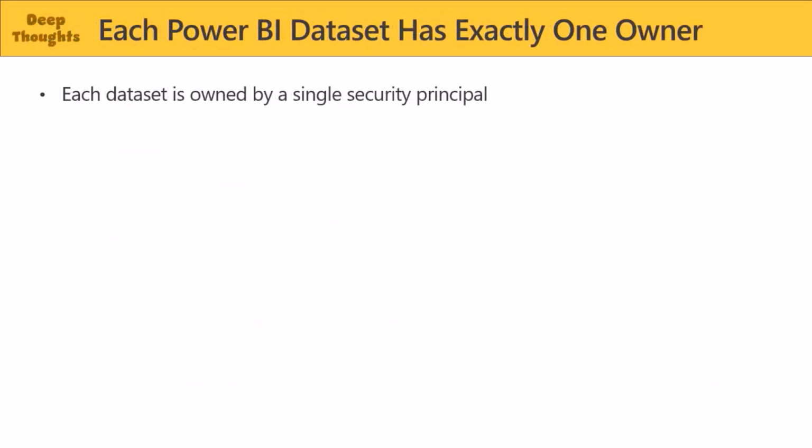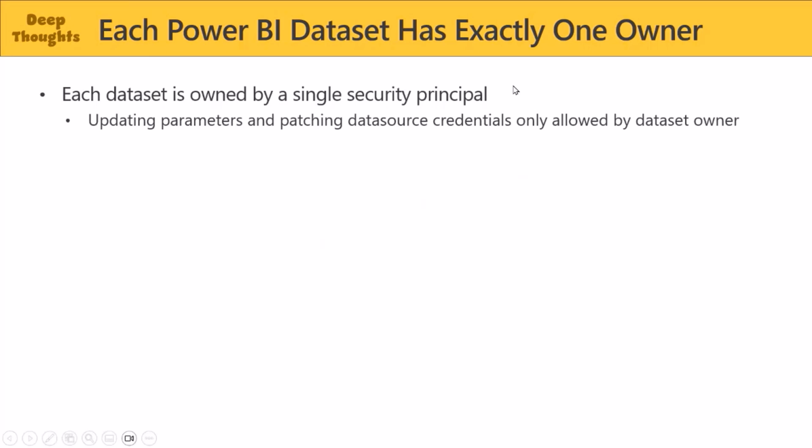Before we do that, we have another deep thoughts section. The reason I'm having deep thoughts here is to go through this idea that each data set is owned by a single security principal. Updating parameters and patching data source credentials is only allowed by the dataset owner.